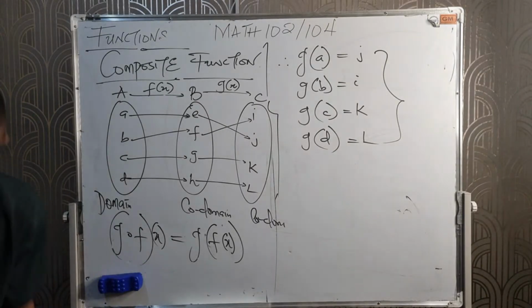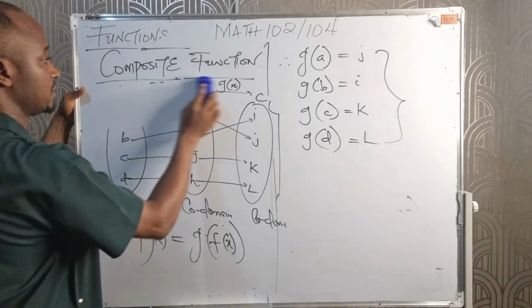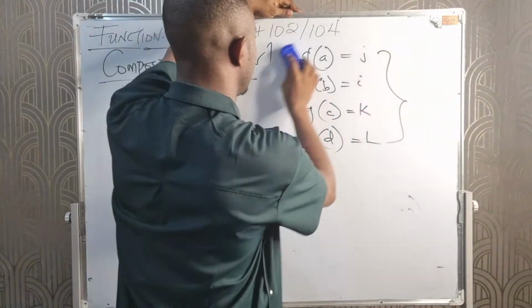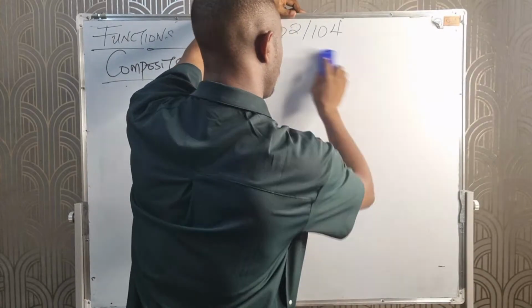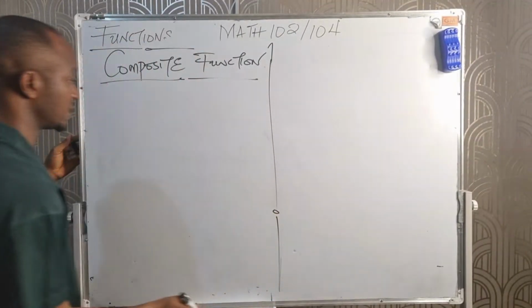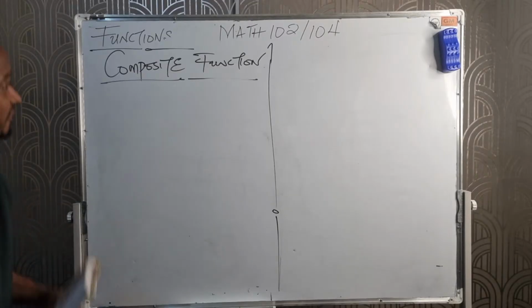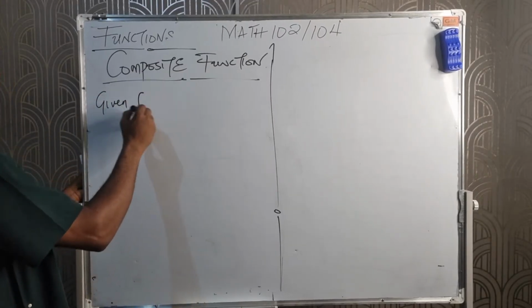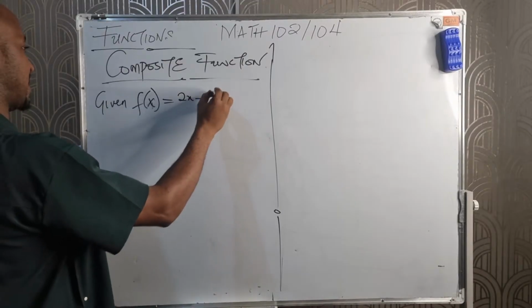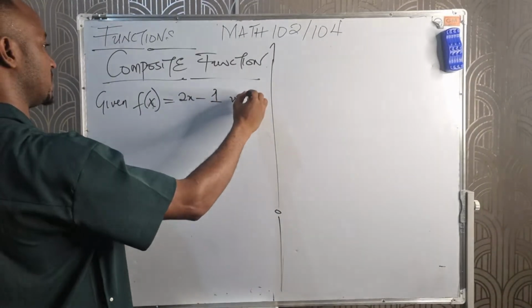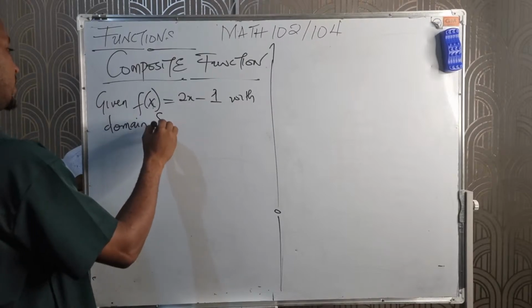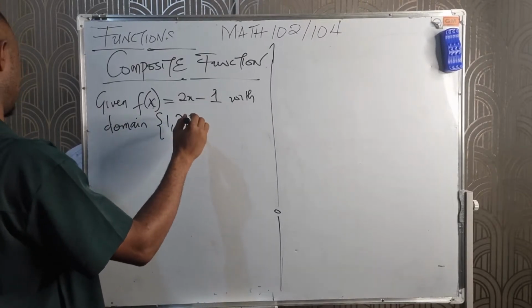We are given a function here, f of x equals 2x minus 1, with domain 1, 2, 3, and 4.